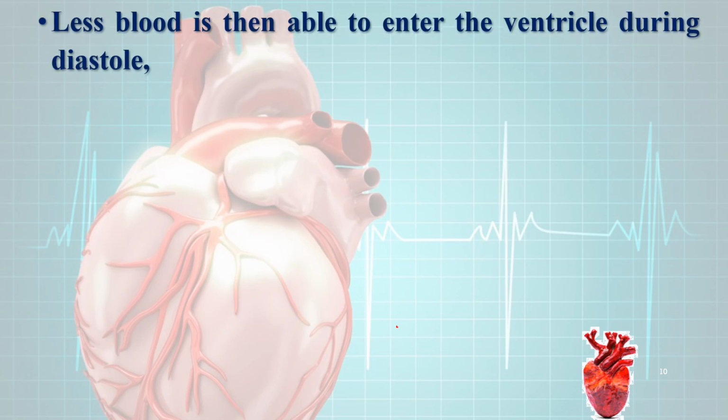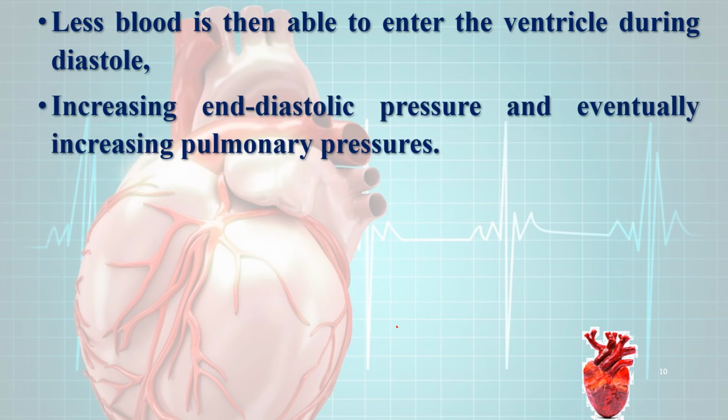Because of stasis of blood, less blood is able to enter the ventricles during diastole. Because of the dilation of the ventricles, the collected blood will be stagnated there, and the ventricles lose their systolic function, that is, the contractile function is deficient. So more blood will be pooled in the left ventricle. Further, there is no space for further collection of blood, thereby decreasing the cardiac output, increasing the end diastolic pressure, and eventually increasing the pulmonary pressure.